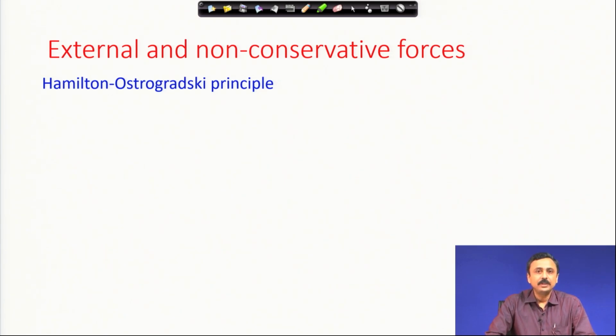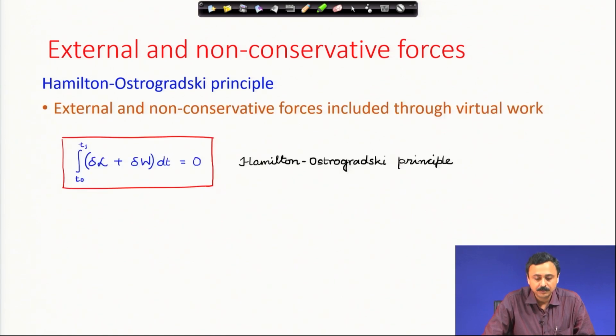Nowhere have we discussed what happens if there are external forces, or non-conservative forces which do not have an equivalent potential. Now, for such systems we have what is known as the Hamilton-Ostrogradsky principle. This is sometimes known as an extended Hamilton's principle. So, what is the Hamilton-Ostrogradsky principle?